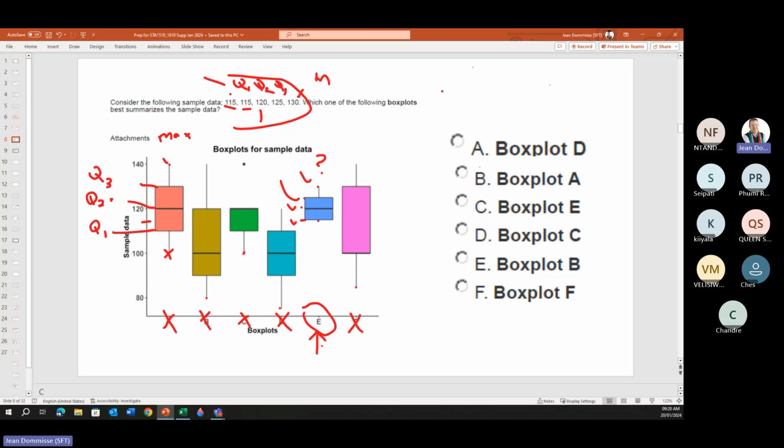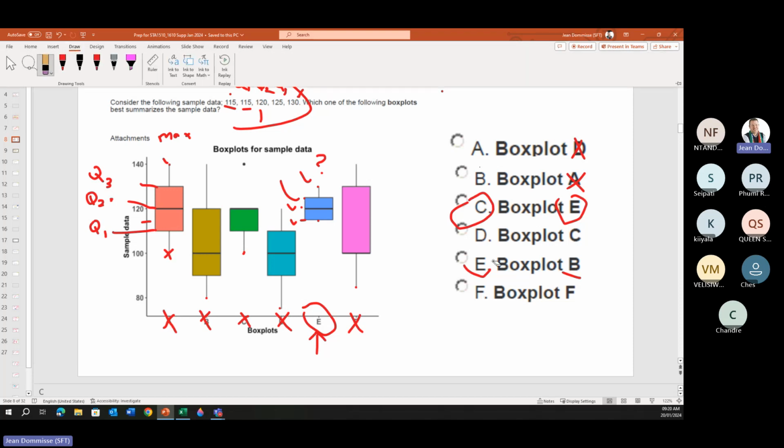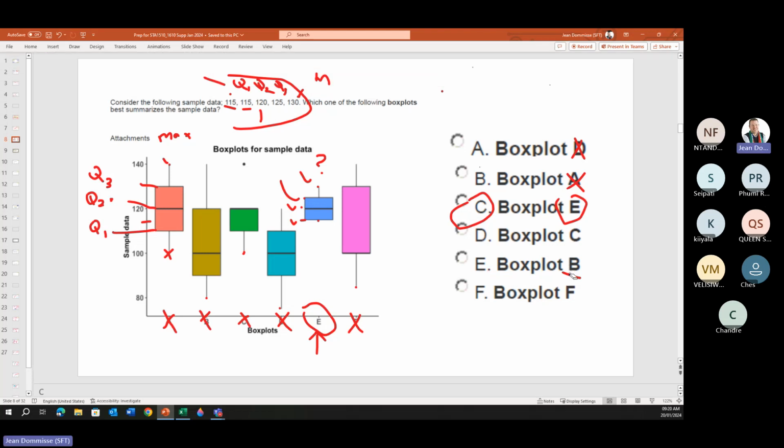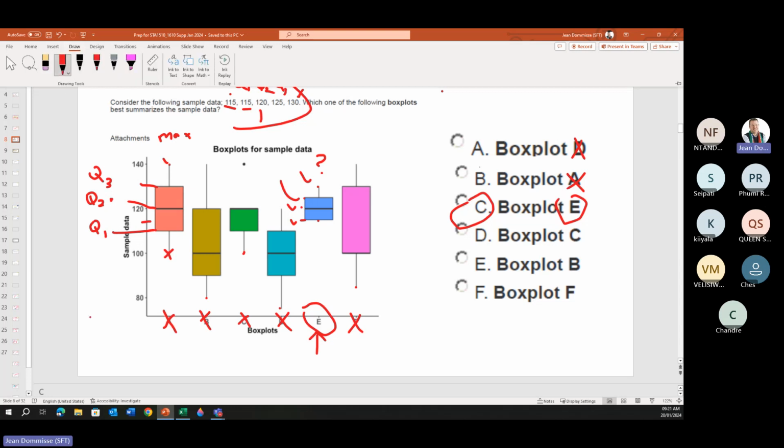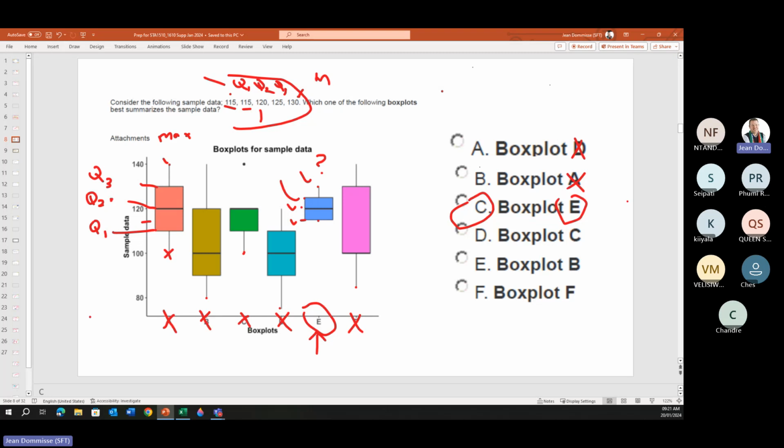So the next thing is also very important, because sometimes we would say, oh, cool, E, got it, it is the right one. But then look at what it says. E is box plot B. Oi. Okay, so now which one? Not box plot D, not A, E. So your correct answer is actually option C. So again, small things: you actually know your work, but nearly went for the wrong number because of the rush for time.